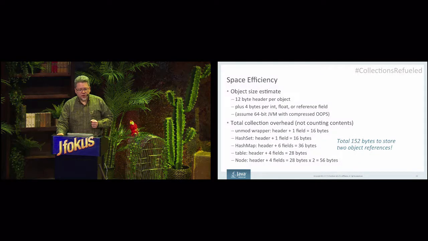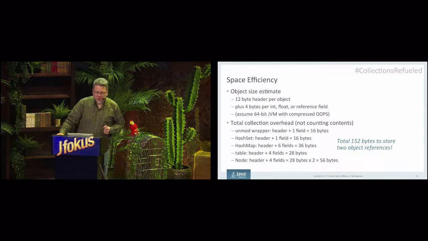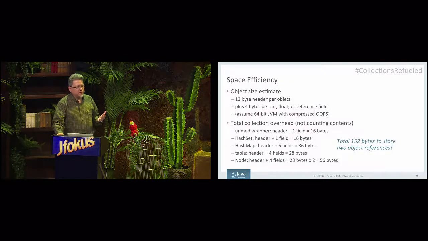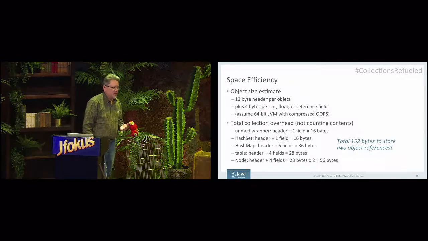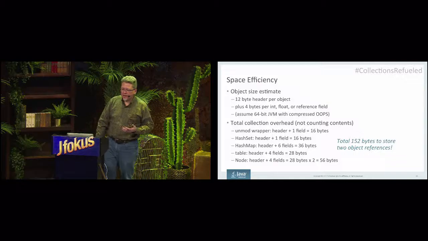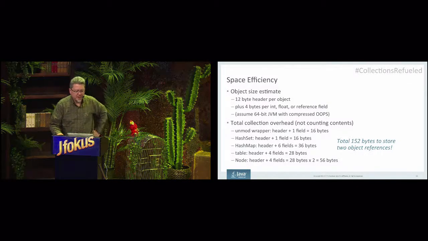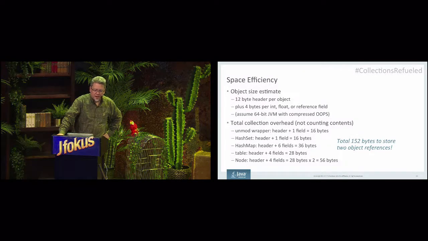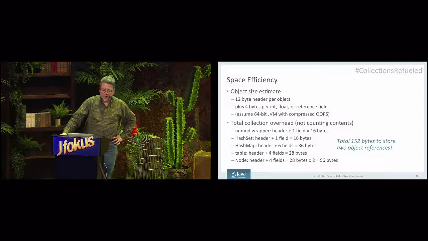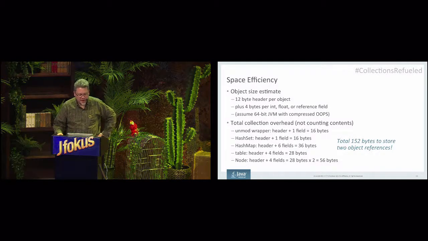Now if you add up the space that you use by these, in Java, every object has at least a 12-byte object header, depending on the heap size and the JVM implementation. But usually, I think this is a good rule of thumb: a minimum of 12 bytes per object, possibly an additional 4 bytes for alignment.